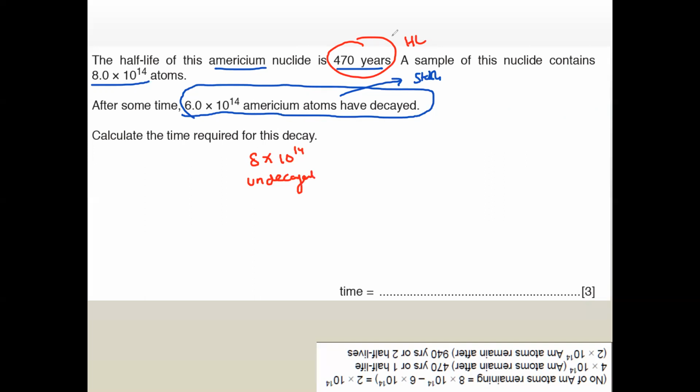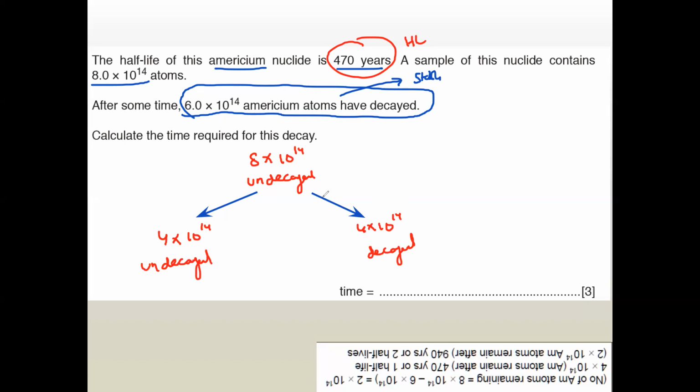Then after the half-life, what happens? Because it becomes half of its original value, 8 exponent 14 halved is 4 exponent 14. So 4 exponent 14 will be undecayed out of the total, and 4 into 10 to the power 14 will be decayed.